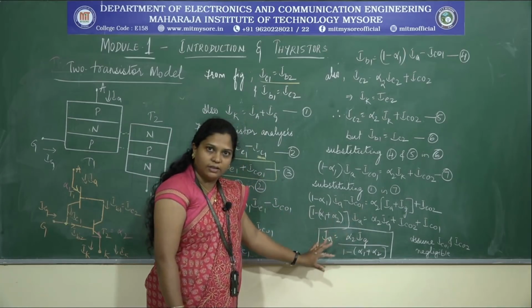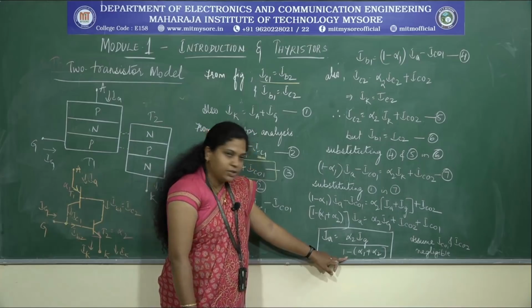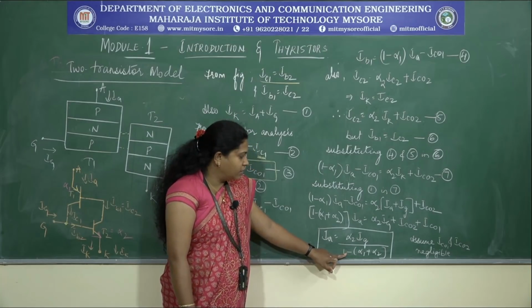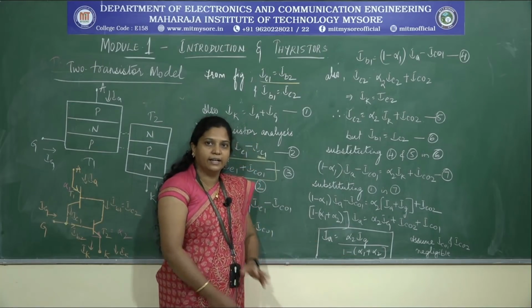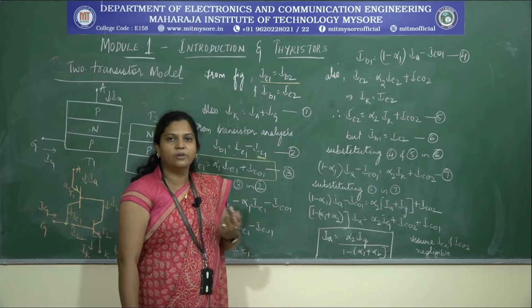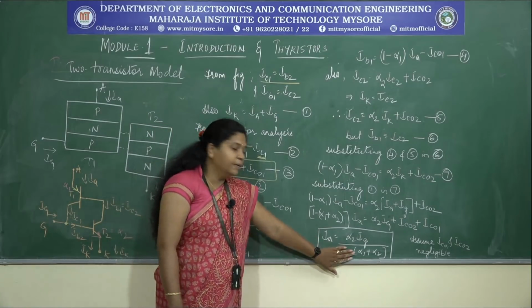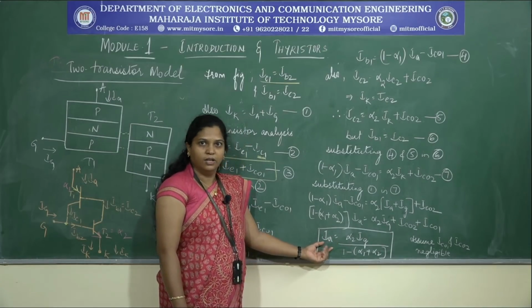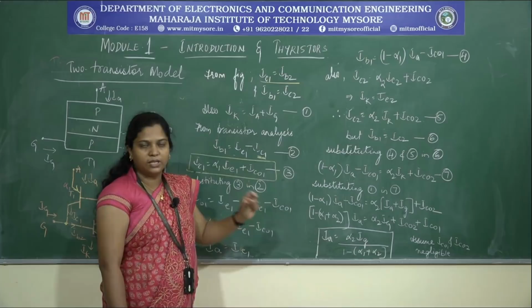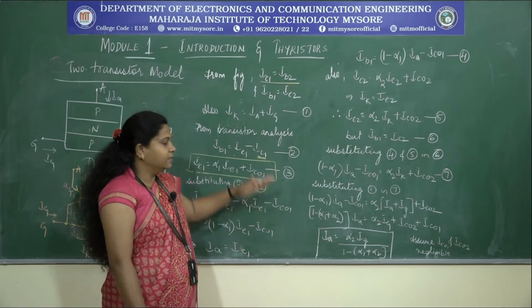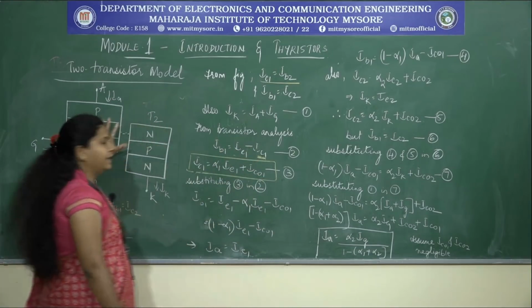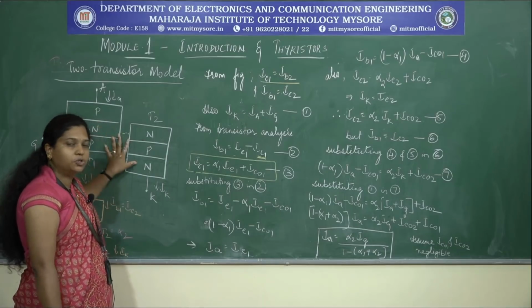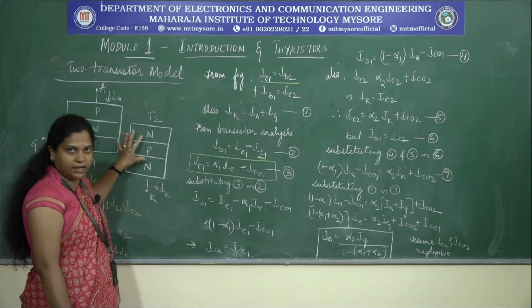Now, using this equation, you can see what happens when the sum of the current gains, alpha 1 plus alpha 2, is equal to 1: there will be an infinite anode current flowing in the circuit. So usually, the anode current flowing in the device is a very high current.